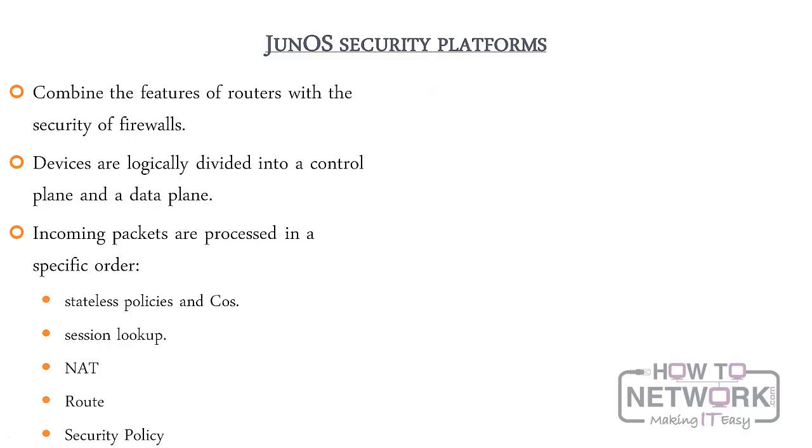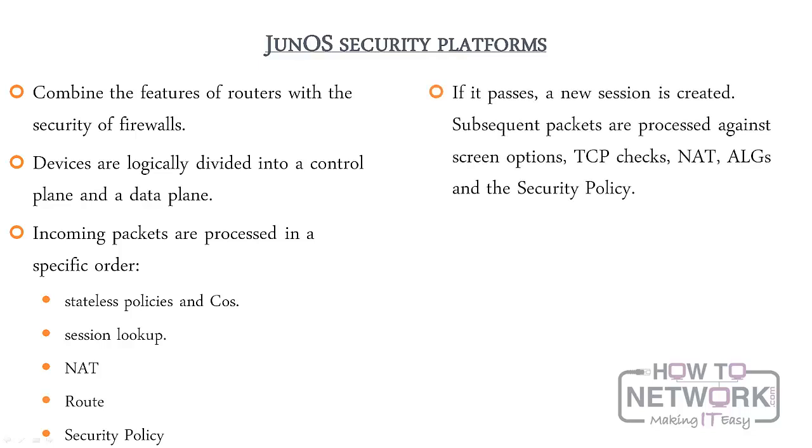If it passes, a new session is created, and subsequent packets are then processed against screen options, TCP checks, NAT, ALGs, and security policies. Packet-based forwarding is stateless. Every packet is inspected the same way, disregarding session state, which means that the packet filters have to be applied in both directions.